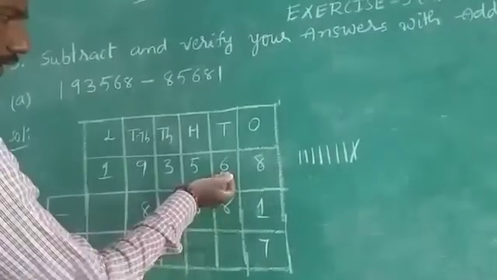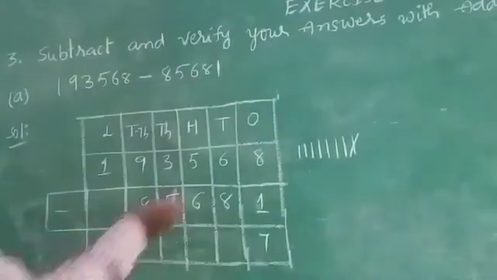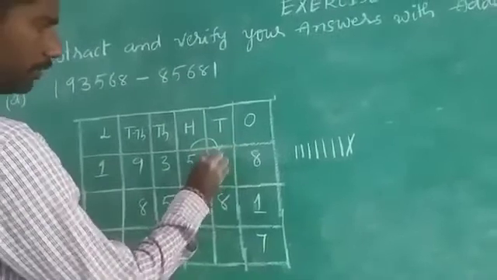See, 6 minus 8, can you take? You cannot take, so you take a borrow. So it will become 16.